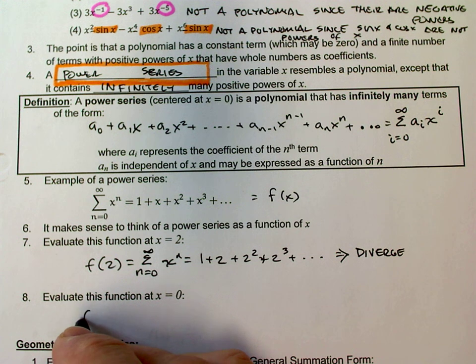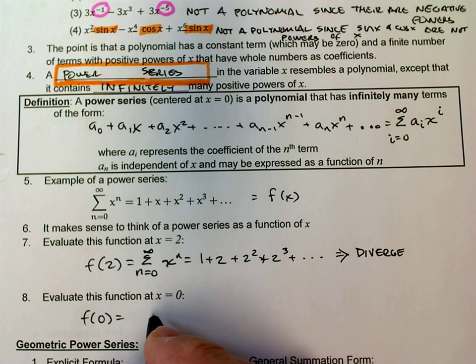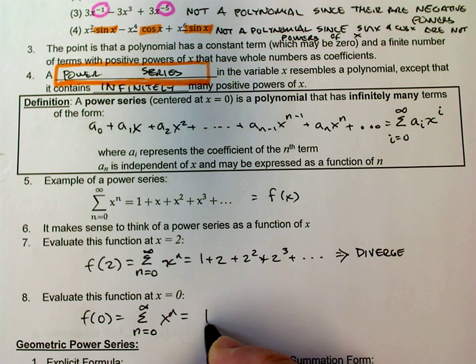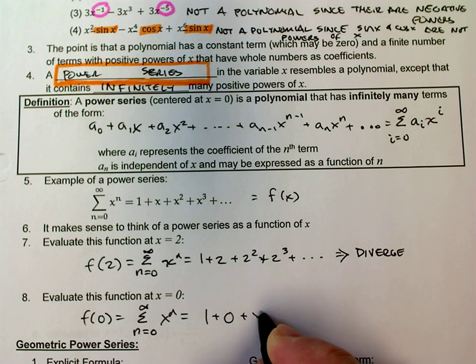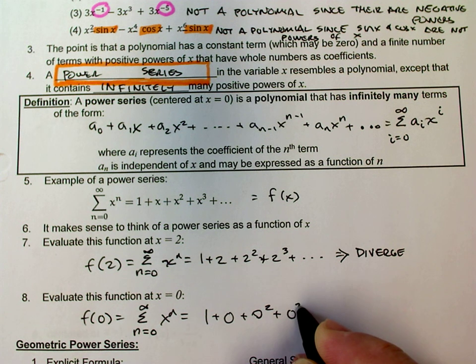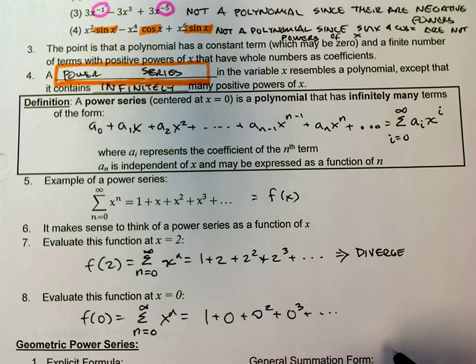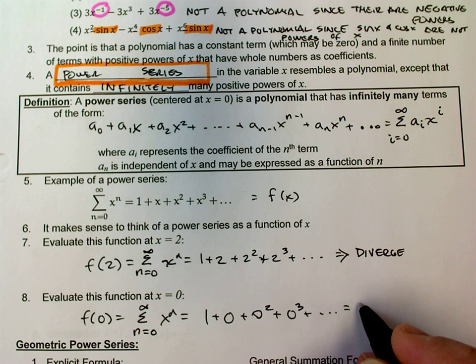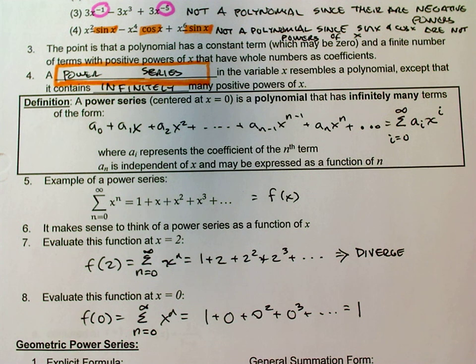Let's do the same thing and evaluate this at x equals 0. We're going to take the sum from n equals 0 to infinity of x to the n, and substitute in 0 in here. This would be 1 plus 0 plus 0 squared plus 0 cubed plus, and you'll see this time that we do get 1.